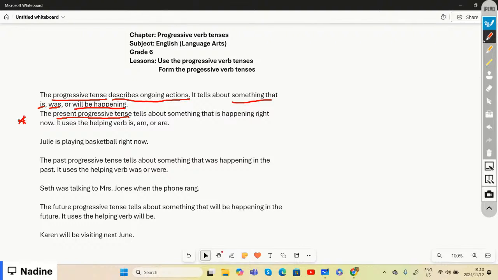In the present progressive tense, it tells us about something that is happening right now, in the present.